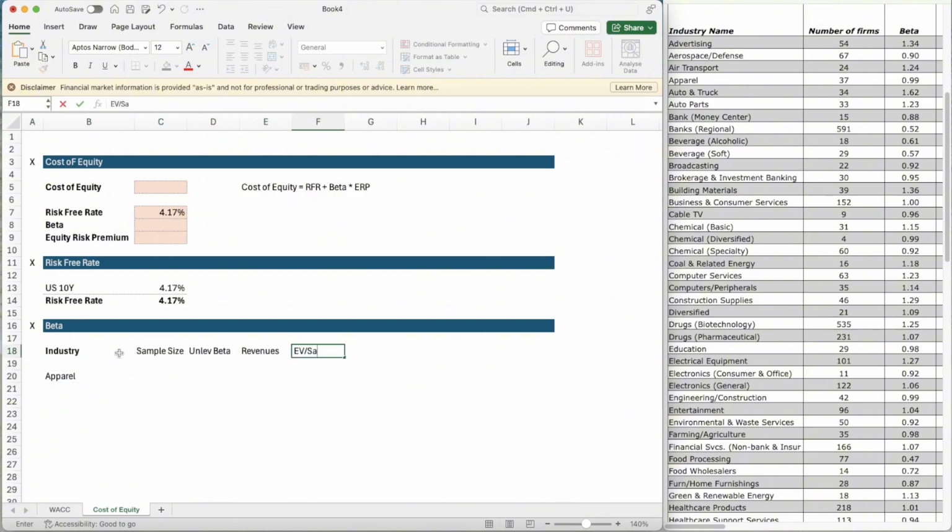Revenues, EV to sales, value, proportion. And we want the weighted beta. And that's all we need.